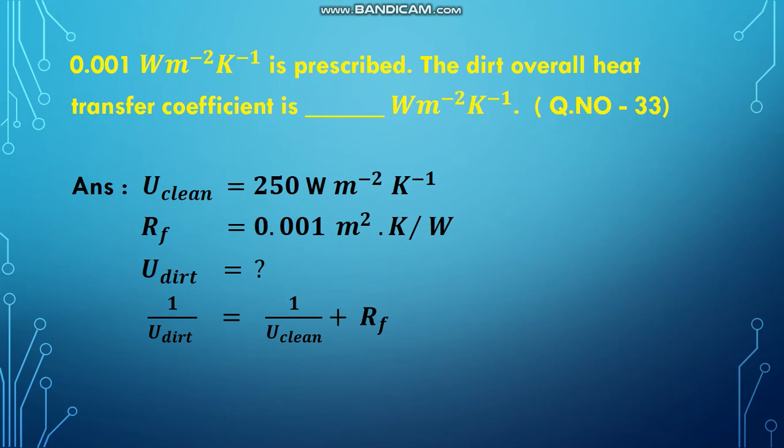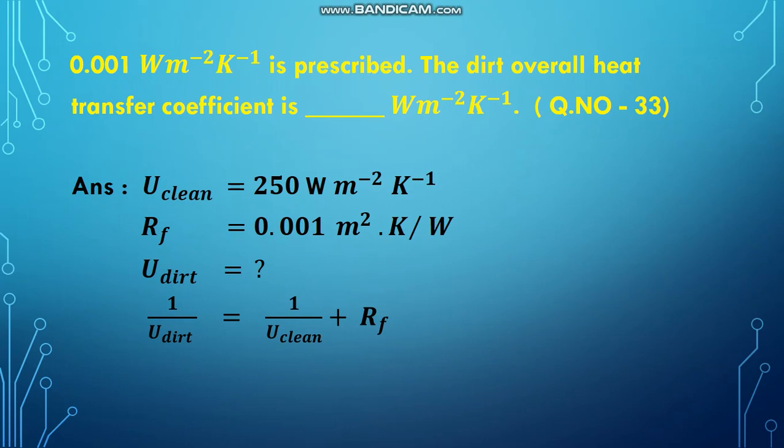Now we have to find out the dirt overall heat transfer coefficient. Considering the formula for this problem, 1 by U dirt is equal to 1 by U clean plus RF. From this, we can substitute the values in this equation.